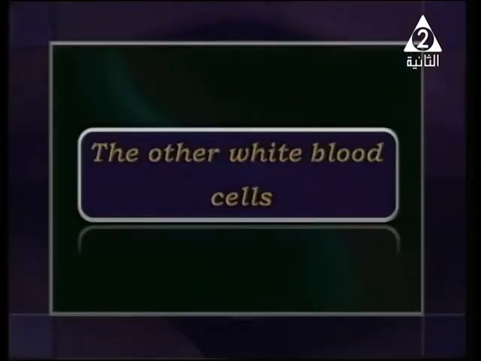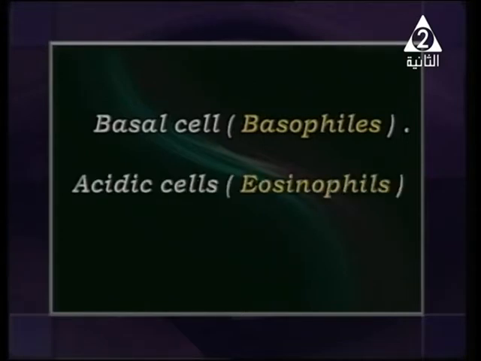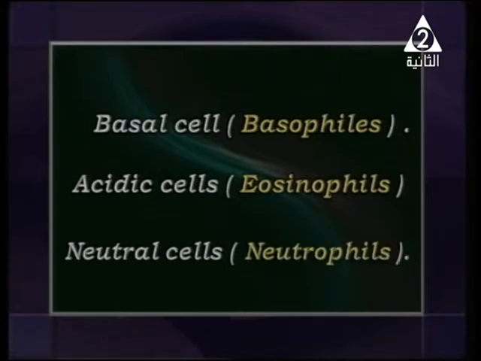The other white blood cells inside our body are basal cells, called basophils, acidic cells, or eosinophils, and neutral cells, or neutrophils.